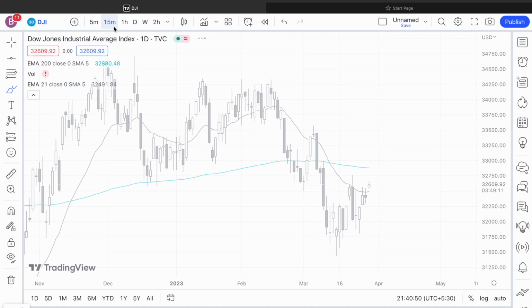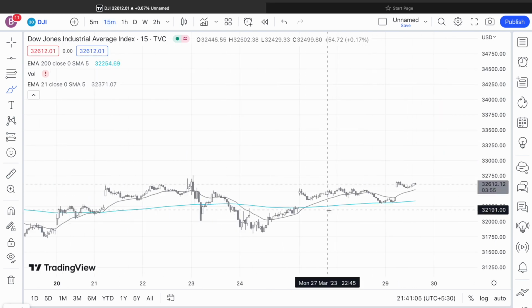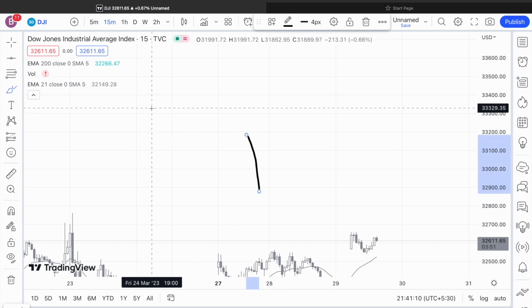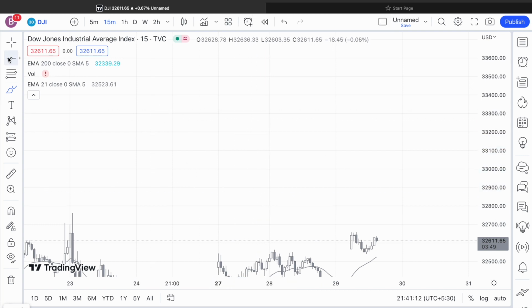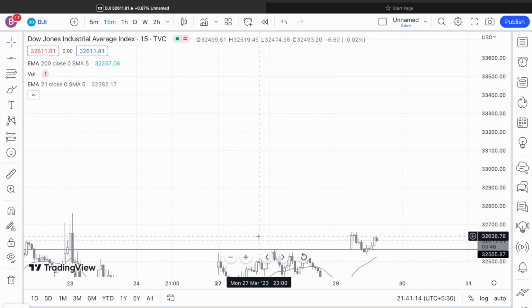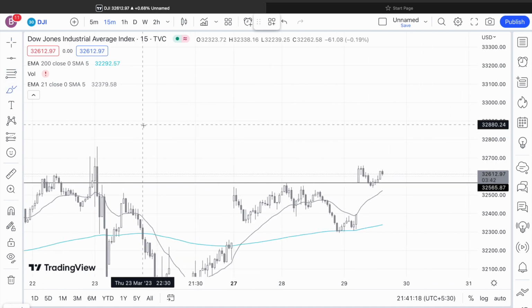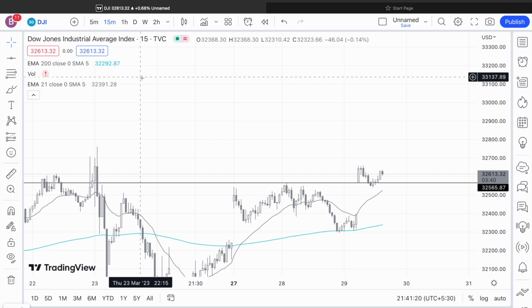If I show you the chart of the Dow Jones Industrial Average intraday price action, as you can see, the Dow has opened with a gap up, and right now it is trading near the day high. Fingers crossed, if the market gives a closing above the day high, then definitely the Dow will also seem to have bottomed out, right?